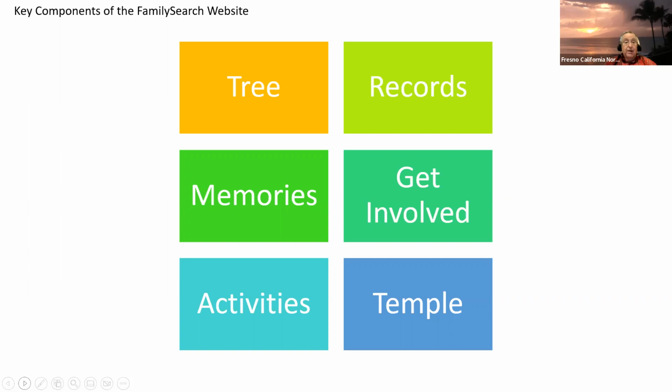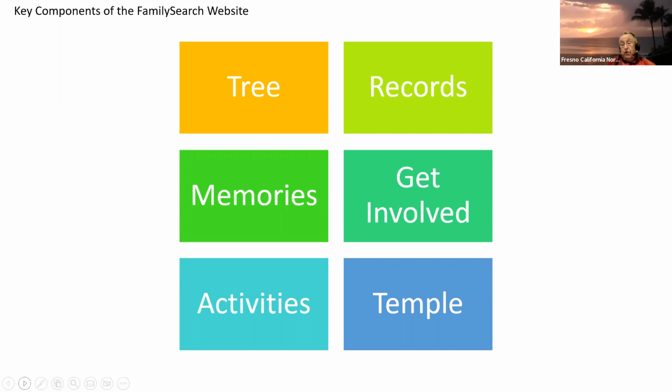Then another section of the website is the activities that are there, and there's over 30 different activities that you can do that are fun things that motivate people, interest people, help get kids to get involved. And so it's a great area to explore.